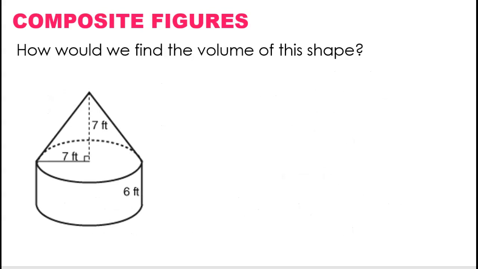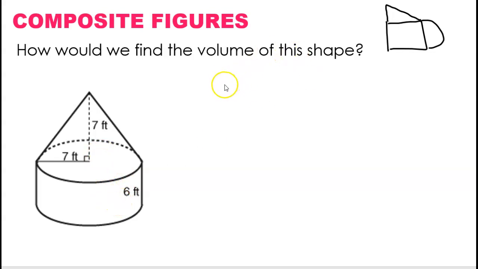What about here? This is a true example of a composite figure where it's 2 or more shapes put together. So we practiced this a lot when we had our 2D shapes. That was like when we had things like this and we found the area of them. We can do the same thing for the volume or also the surface area. But there's 2 shapes here.